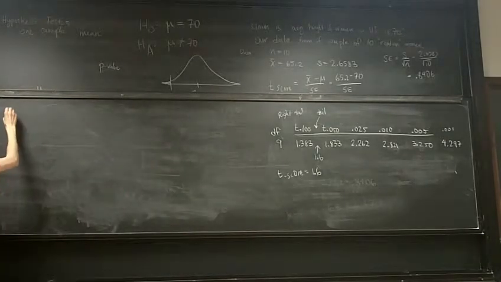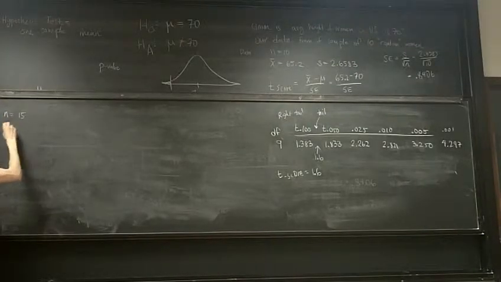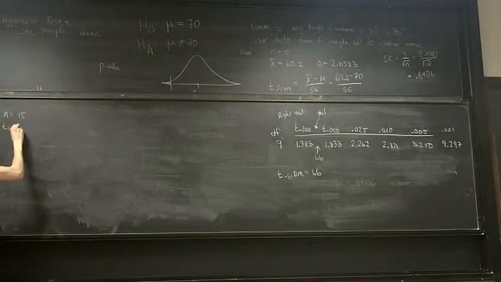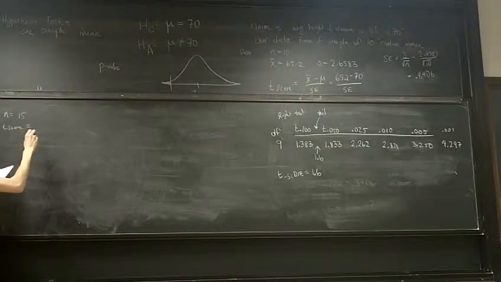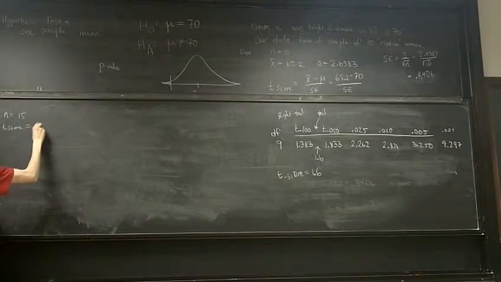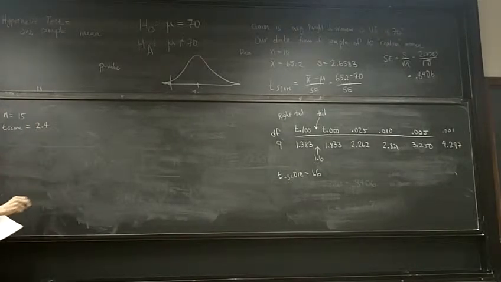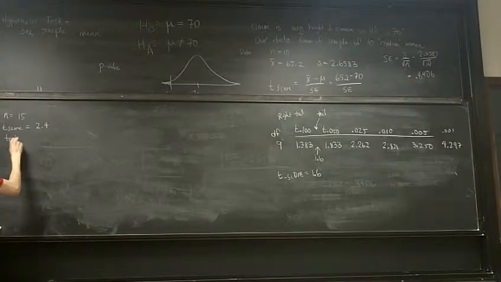Okay, so let's say your sample size is 15 and your t-score is 2.4. Okay, how much is in the tail?